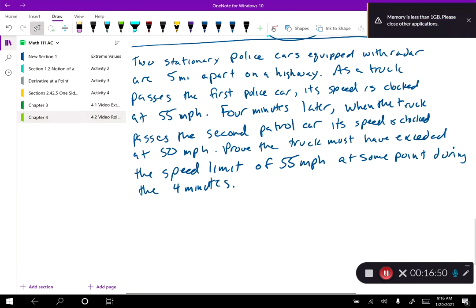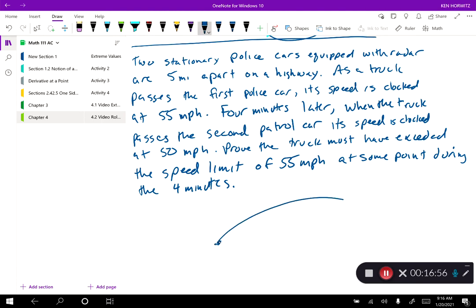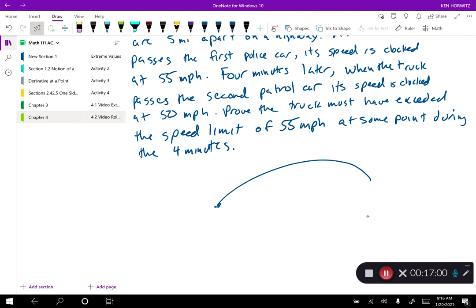All right, so how are we going to do that? Well, let's draw a picture first. So here's the first police car. There's the second police car. And at the first police car, we'll say that's time equals 0.